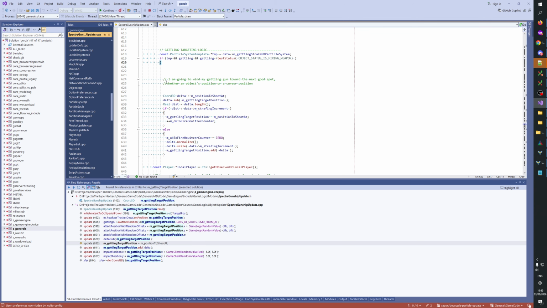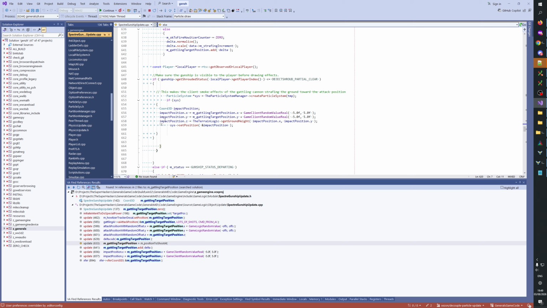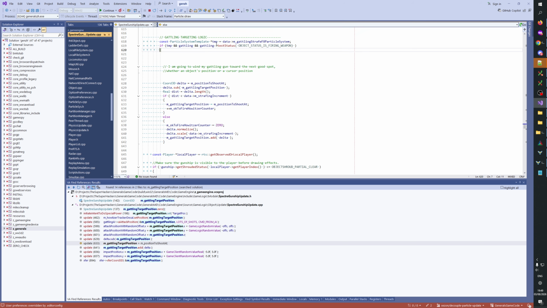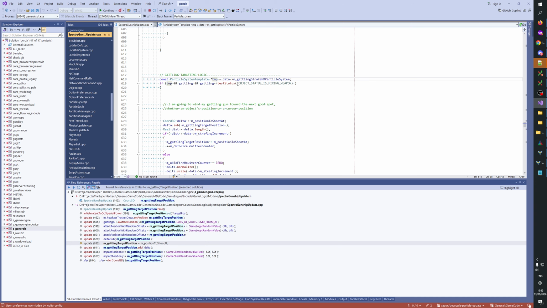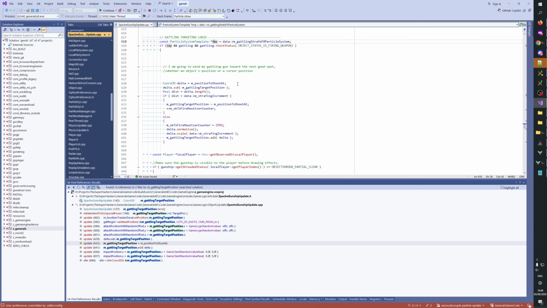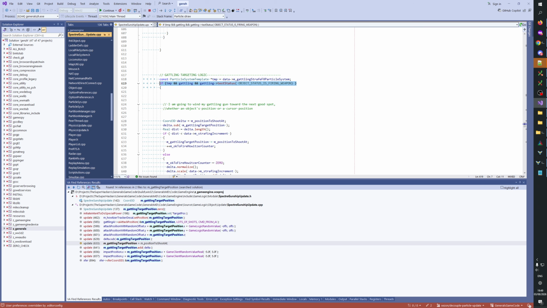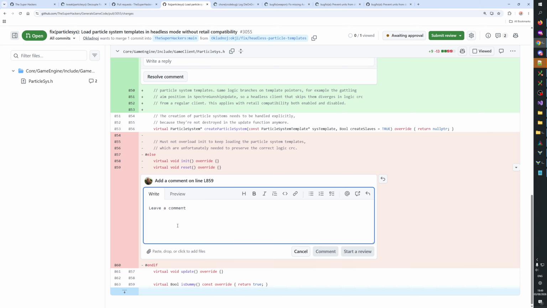What's going on with the indentation here? We did this intentionally.